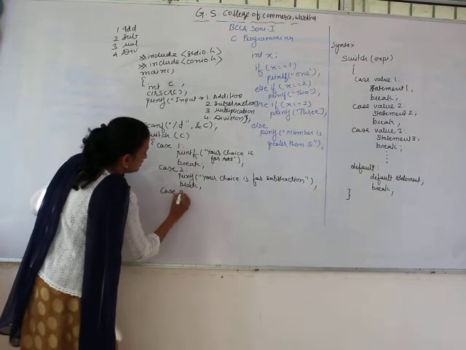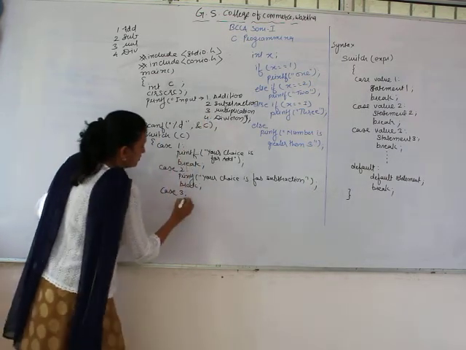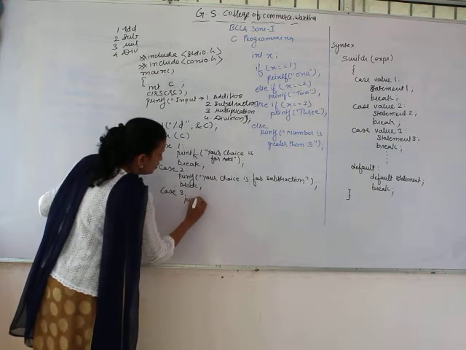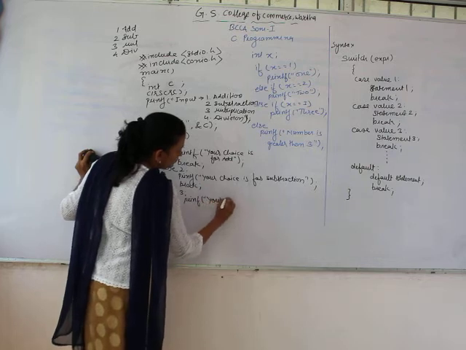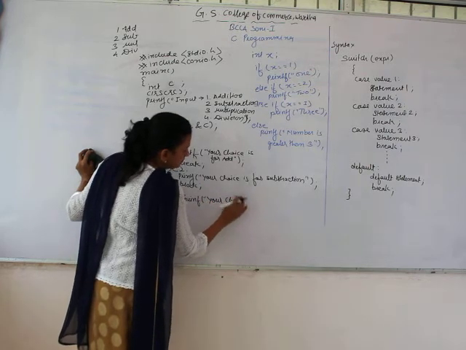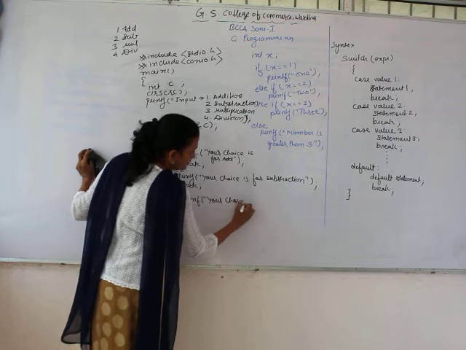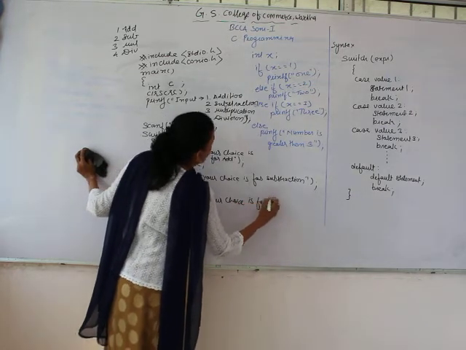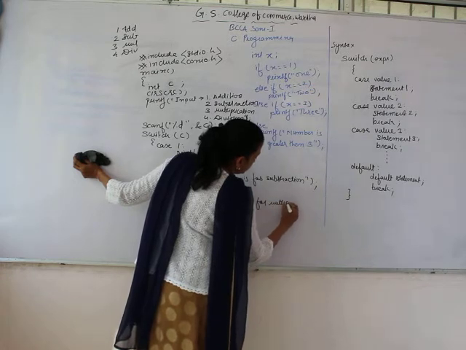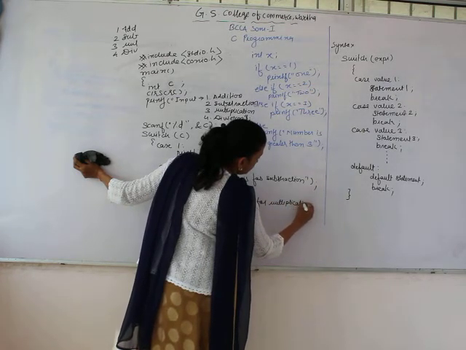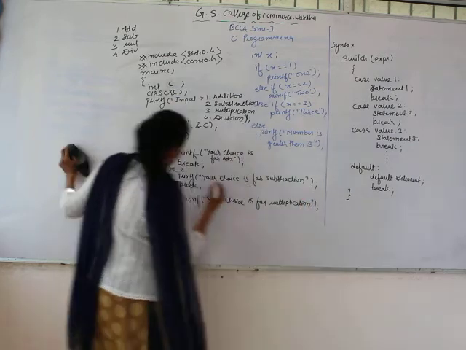Now case 3. Case 3 is for multiplication. So if the value of c is 3, then printf your choice is for multiplication. Okay, now again break.